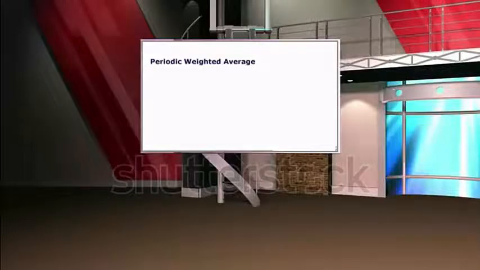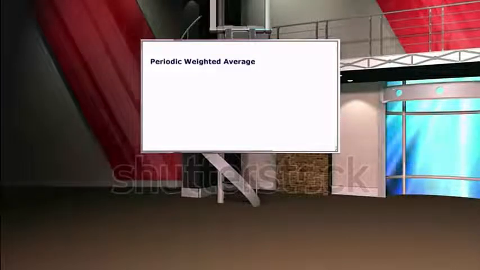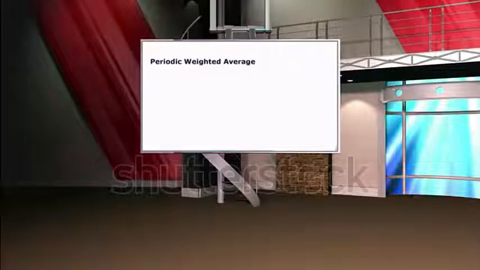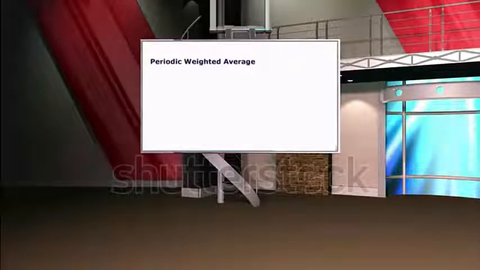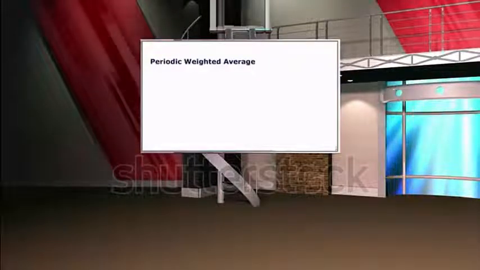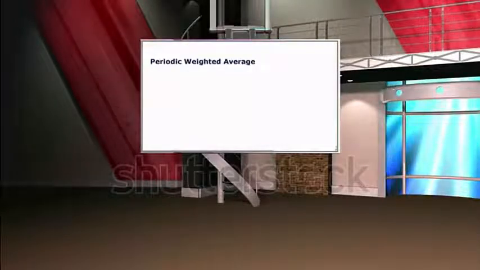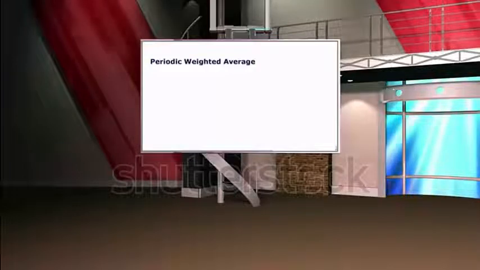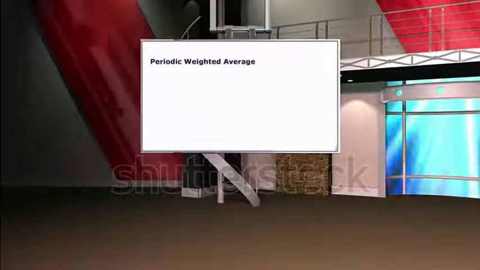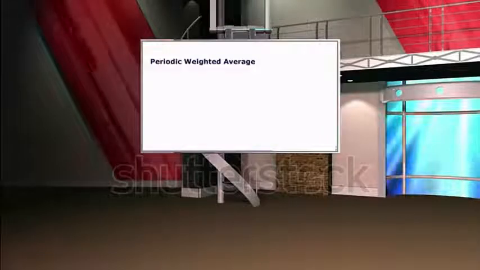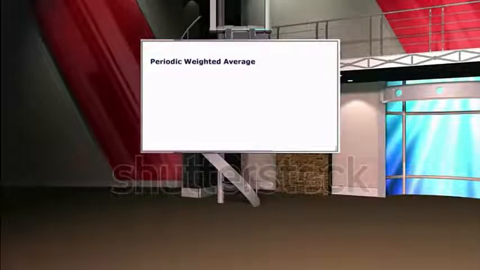Rather, if we are using the periodic weighted average method, then we wait until the end of the period. And at the end of the period, we'll calculate one average cost per unit for that period. And we will retrospectively then value all of our issues at that periodic weighted average.